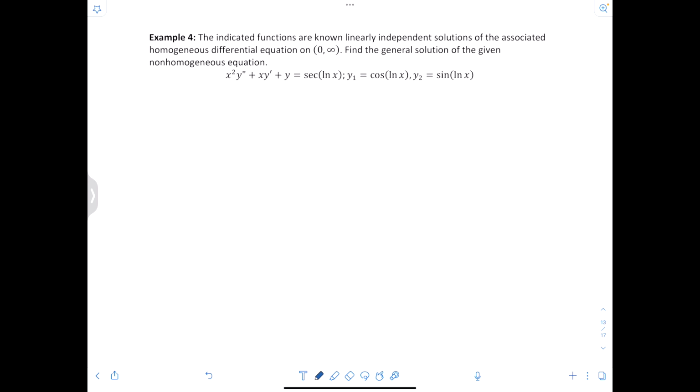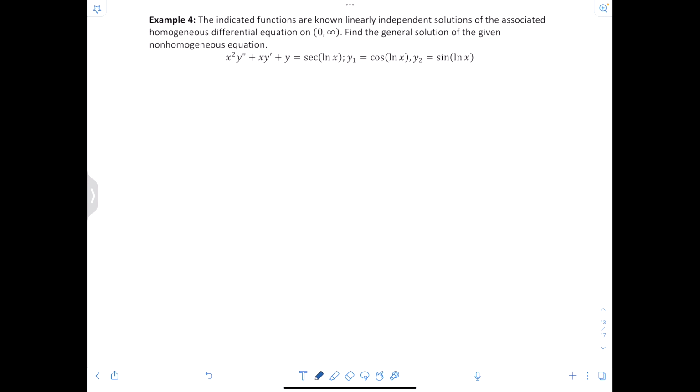So for this next example, the indicated functions are known linearly independent solutions of the associated homogeneous differential equation on 0 to infinity non-inclusive. So we want to find the general solution of the given non-homogeneous equation. So let's do a couple things here. First off, we want to divide both sides by x squared to get this in standard form.